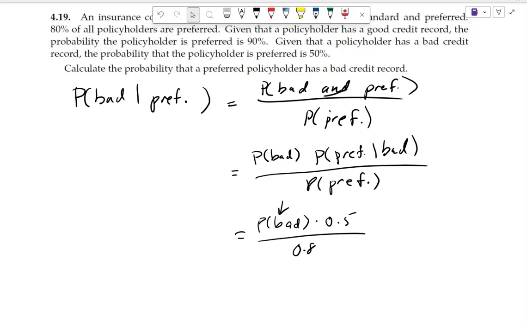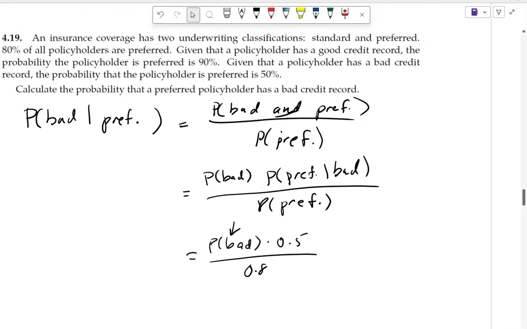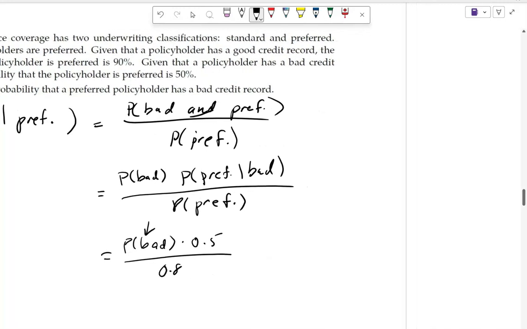Well, can we think about splitting your bad up into two pieces? Bad and something. Oh, we already have one of those pieces. So let's think about other pieces that we know. We know some of these other probabilities.